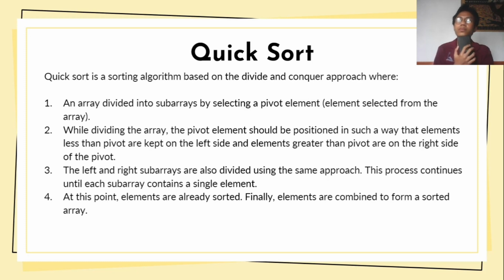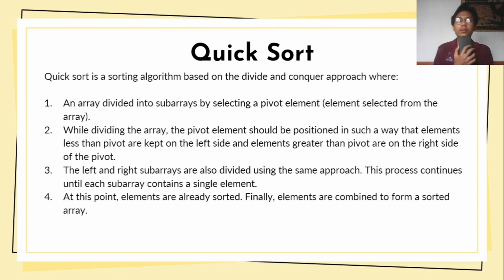The second, while dividing the array, the pivot element should be positioned in such a way that elements less than the pivot are kept on the left side and elements greater than the pivot are on the right side of the pivot. The third, the left and right subarrays are also divided using the same approach.